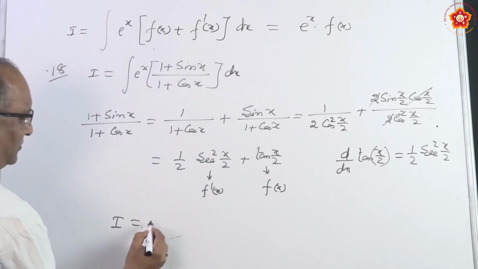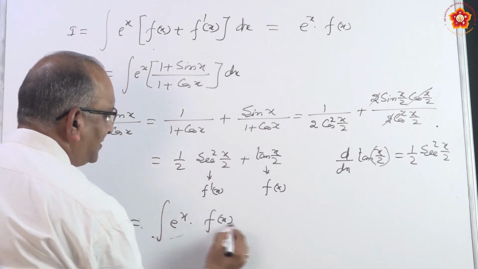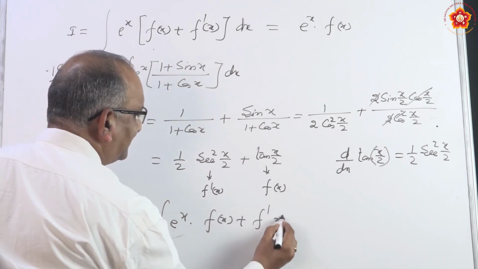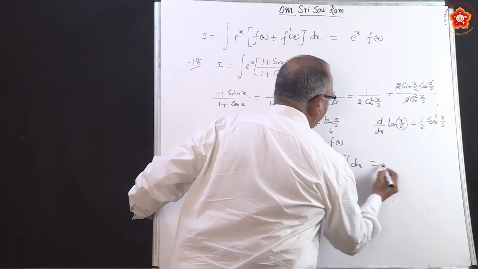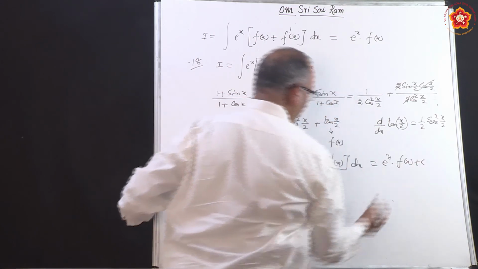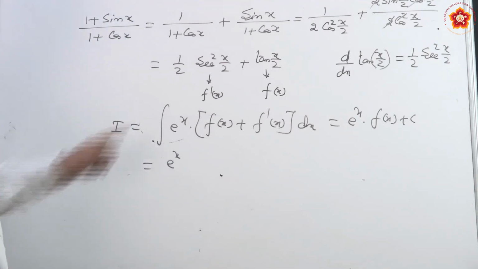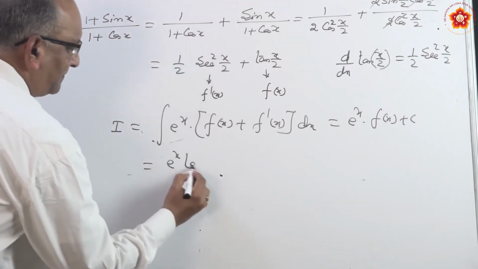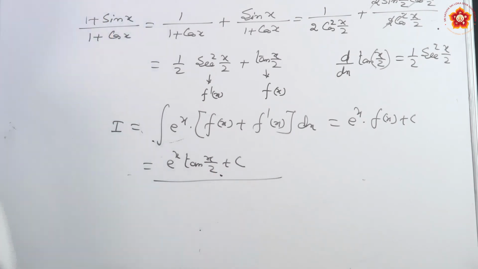I equal to integral of e to the power x into f of x plus f dash x. And according to the formula, the answer is e to the power x into f x plus c. So, write the answer straight, e to the power x f x. What is f x? Tan x by 2 plus c. This is the answer.